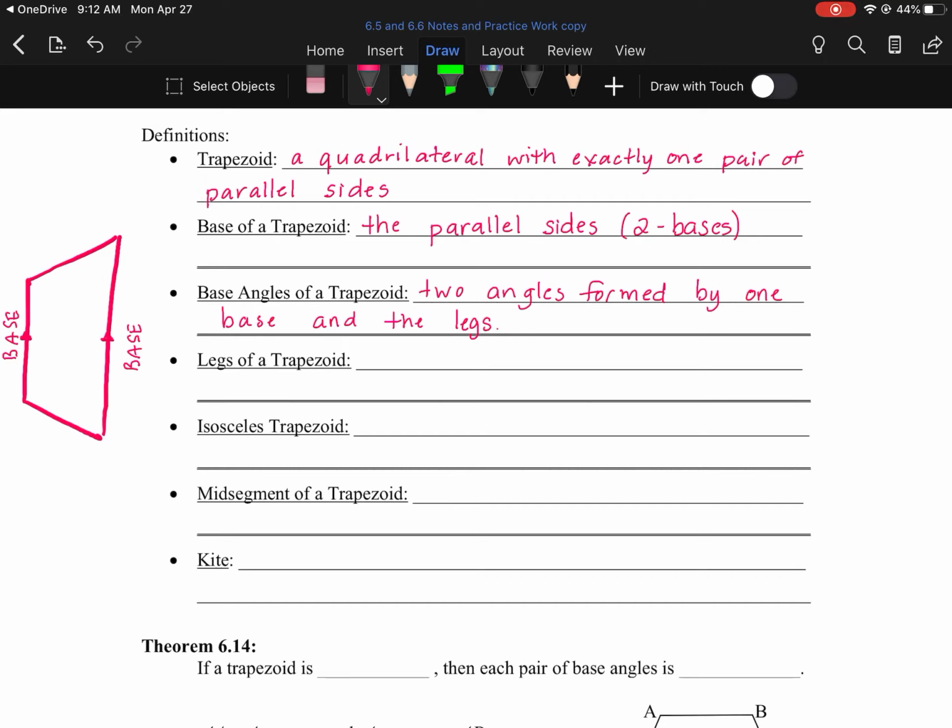So we could say that the base angles will go with these two. We're going to find out some information about all of these in a little bit.